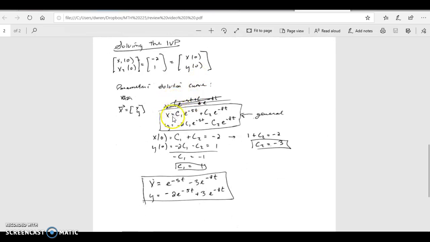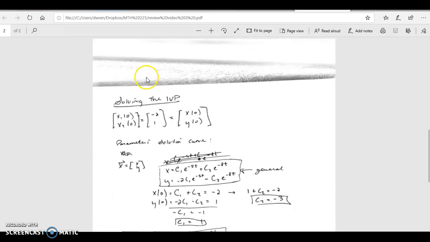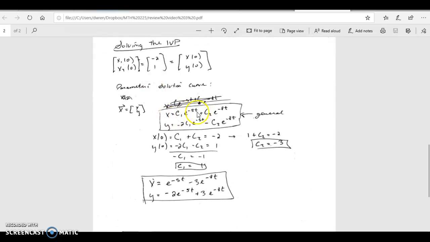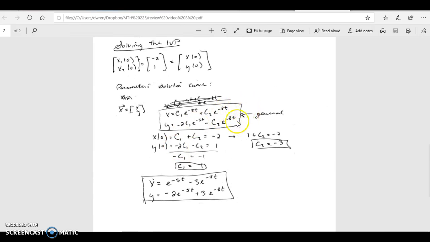So what we have right now is x equals c1 times the x1 vector, e to the negative 5t, plus c2 times the x2 vector, e to the negative 8t. Y equals negative 2 c1 e to the negative 5t minus c2 e to the negative 8t. That would be the general solution curve.